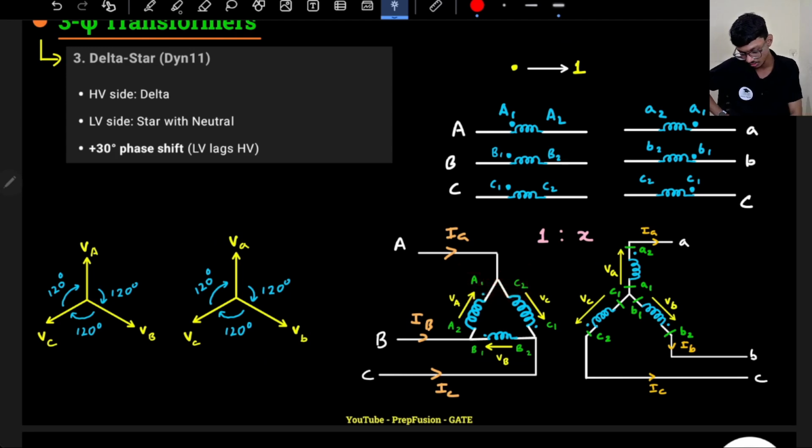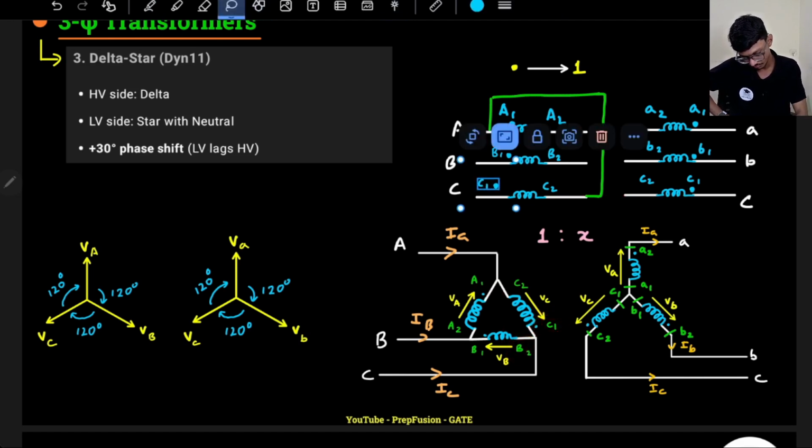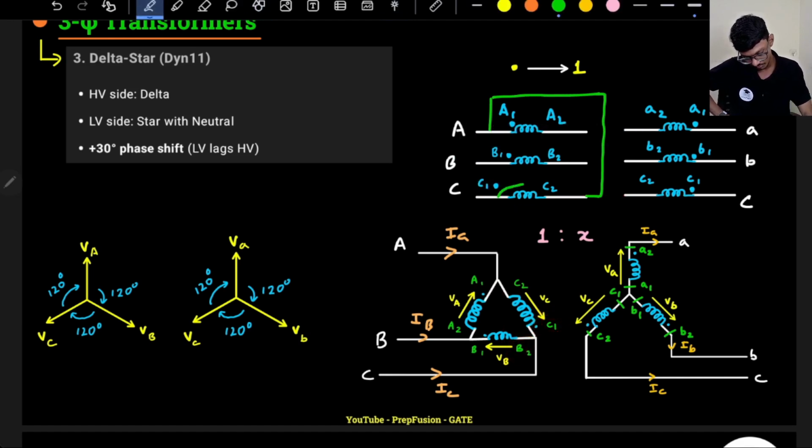A1 will be connected to C2. Then C1 is connected to B2. Then my B1 is connected to A2.